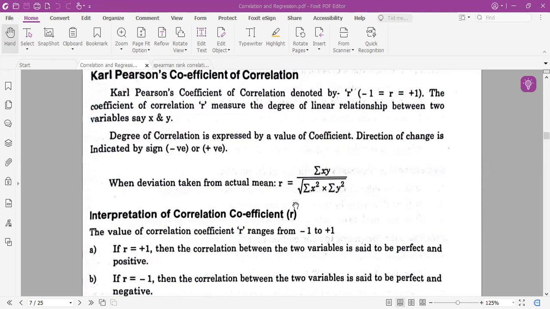In general, the Karl Pearson coefficient of correlation is given by this formula: R is equal to sigma xy divided by the square root of sigma x square into sigma y square. So this is the formula for the coefficient of correlation.